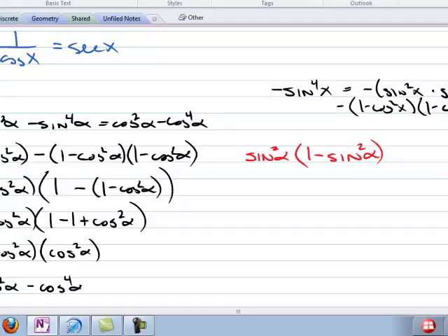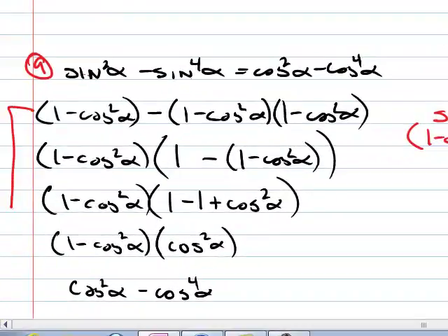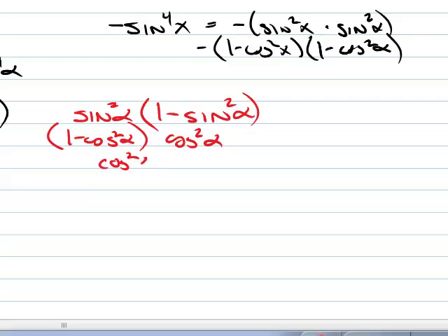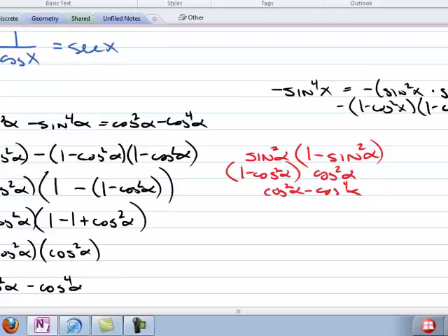But I think we're still going to have to use Webb's idea and call that a cosine squared, and call that one a 1 minus cosine squared. Okay, so that would have saved us from here to here. It would have taken us directly to there. But same idea. We still have to change everything to cosine, and then we have cosine squared alpha minus cosine to the 4th alpha. So there's 2 ways to do it.